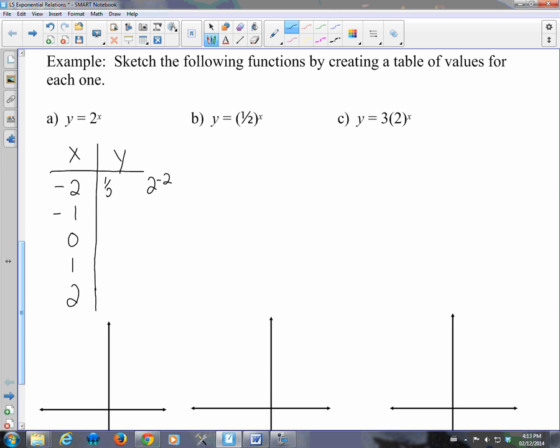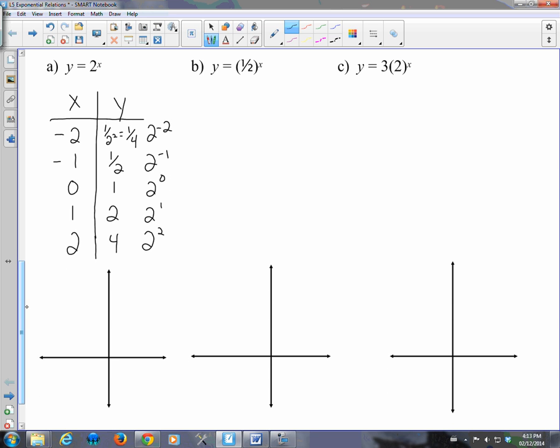So I have 1 over 2 squared, which is a quarter. So I have the point -2 and 1/4. Then 2 to the -1, I flip my base around, so I'd have a half. Then 2 to the exponent 0. Anything to the 0 is 1. Then 2 to the 1, and 2 to the 2. And there's my table of values.